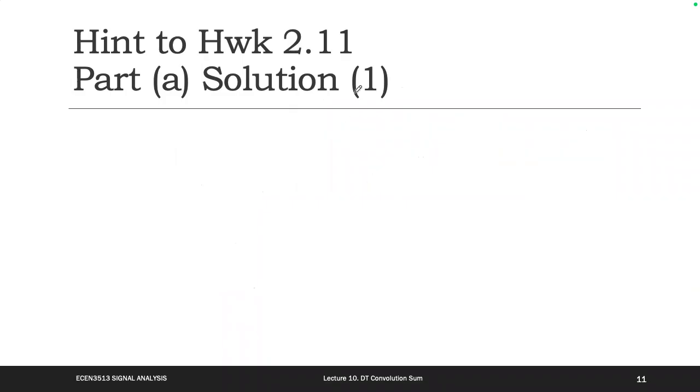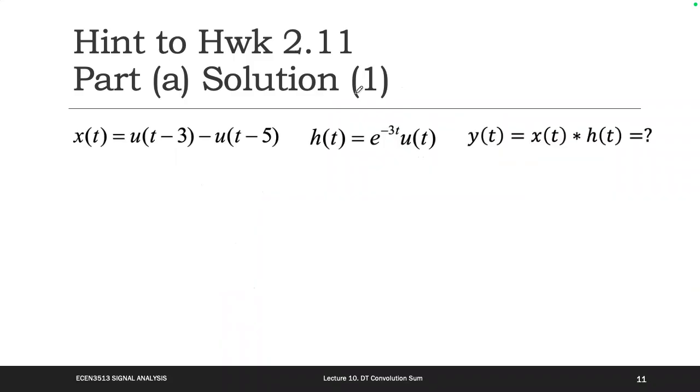Okay, this is a homework, and let's talk about how to deal with this kind of homework. Here we have the input signal x(t), and also the impulse response h(t), and we need to compute the output.